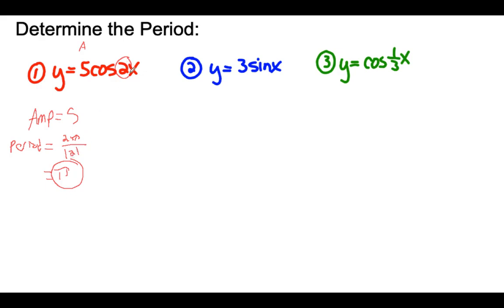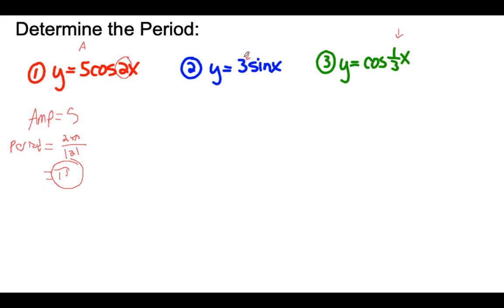And so in general, if this number is bigger than 1, our period is going to get smaller. So it kind of makes the frequency quicker. You'll see there's more waves in these graphs. If it's smaller than 1, so like over here, our period is going to get larger. Okay? So y equals 3 times sine of x.